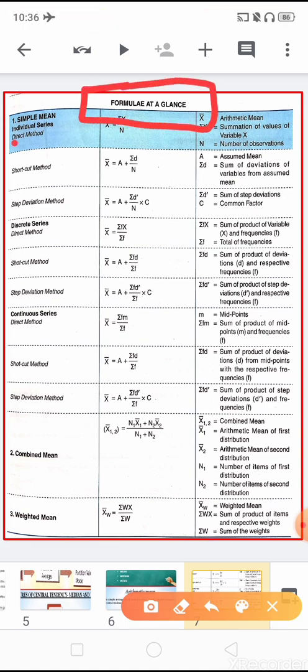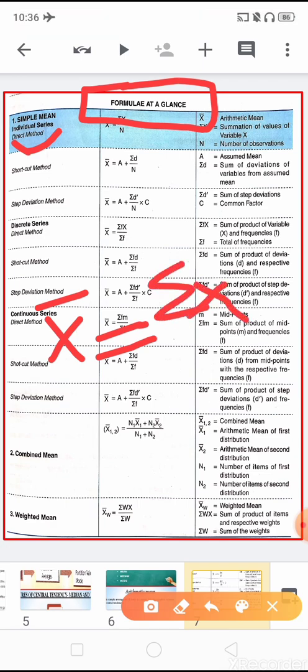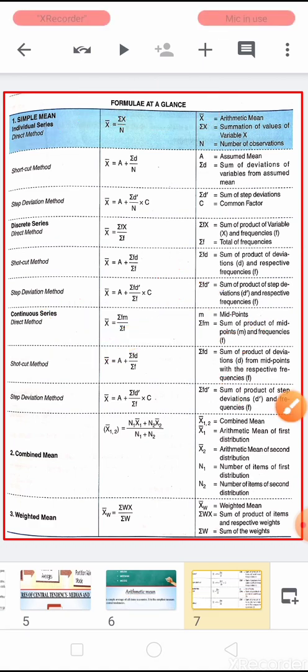So if we're talking about arithmetic mean in individual series by the direct method, it is x bar. Children, arithmetic mean is represented with x bar, and the formula to find the arithmetic mean in individual series is sigma x upon n. This is the formula to calculate the arithmetic mean in an individual series.